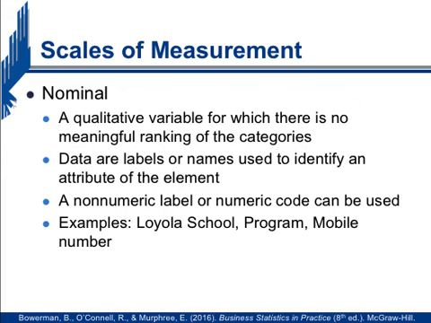And the mobile number follows a nominal scale of measurement because, again, the value of the variable itself, whatever the combination of the number is, does not mean any ranking. Therefore, it follows a nominal scale of measurement.